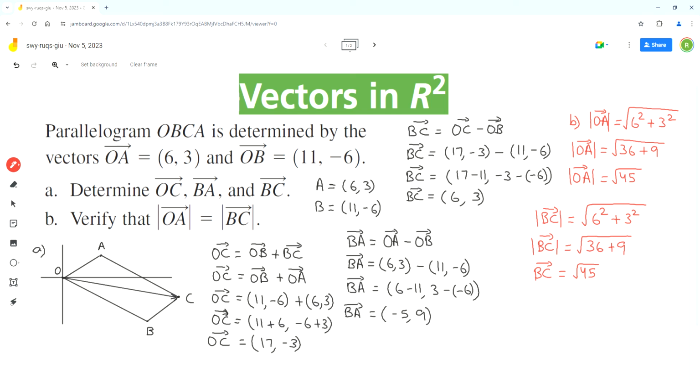So I got the square root of 45. That means the magnitude of vector OA is equal to the magnitude of vector BC. So this should be the final answer for part B.